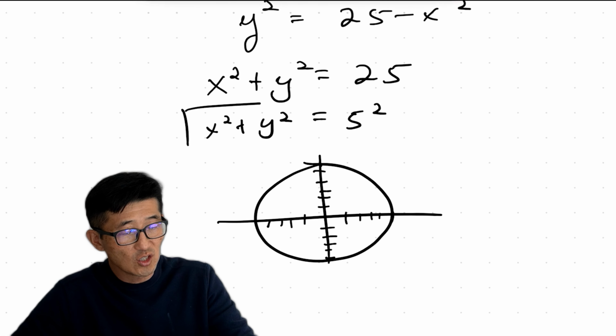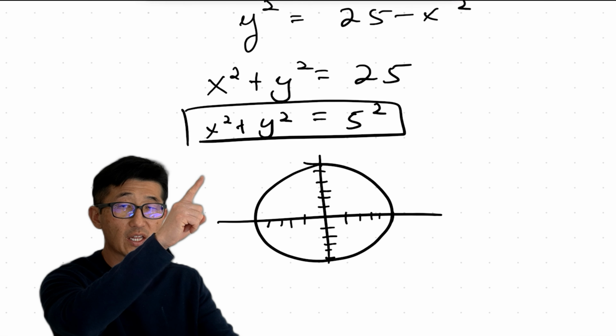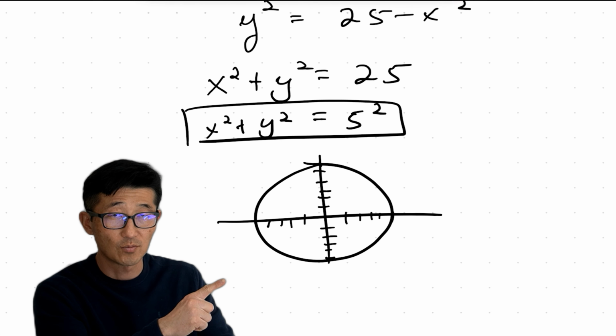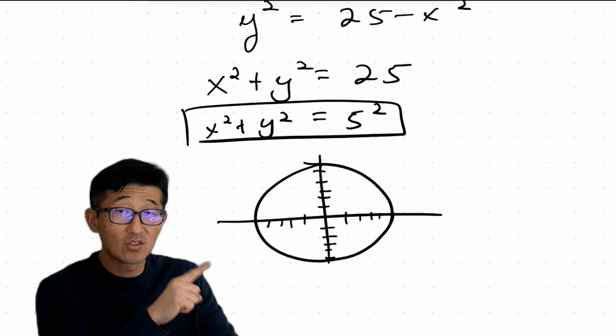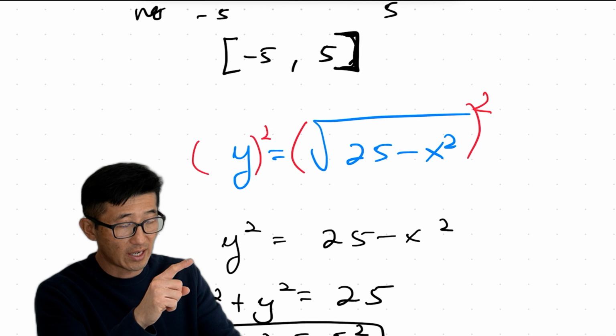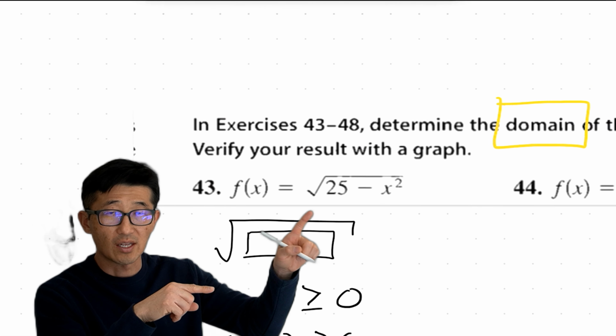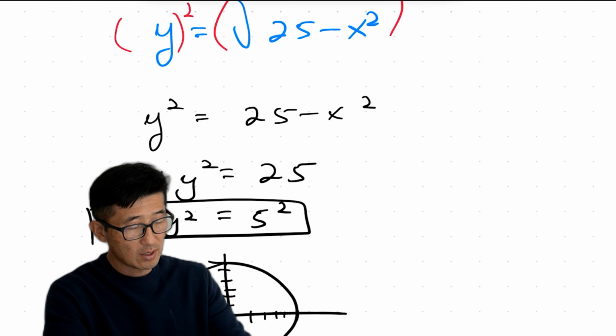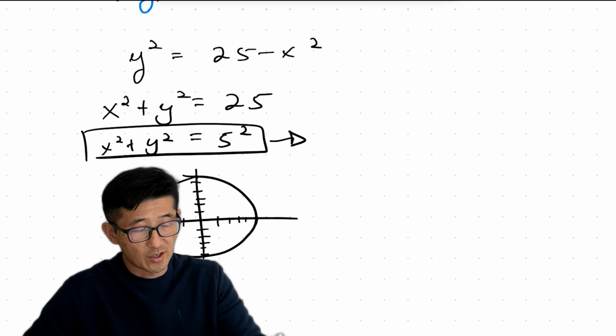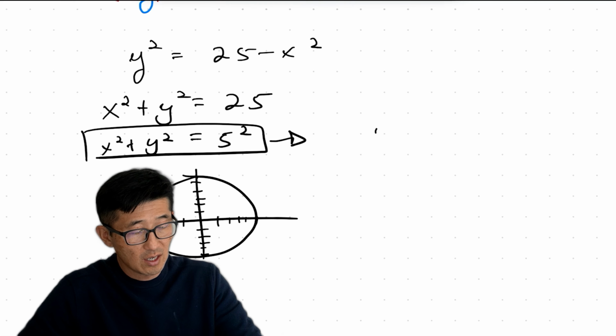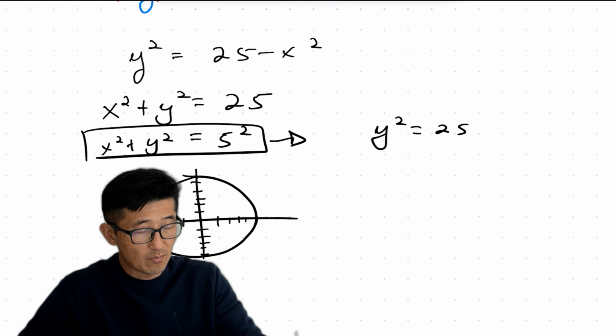Now, if it was written like this, this is what you would draw. But it's not given to you like this. They gave it to you like this. Well, how did they get that? Just work backwards. They're basically going to solve for the letter y. Y squared equals 25 minus x squared.